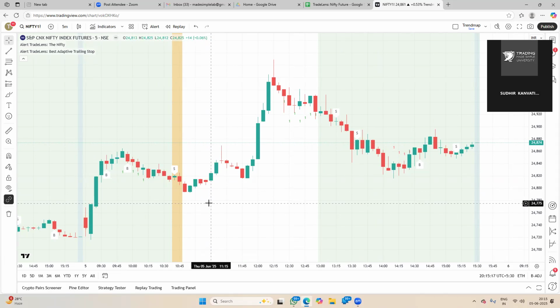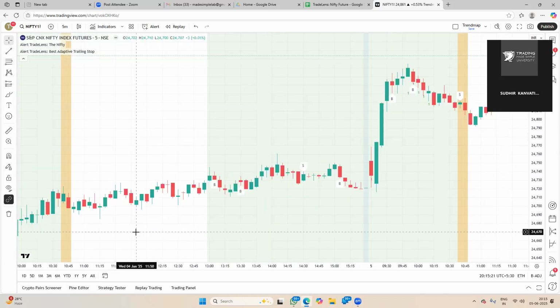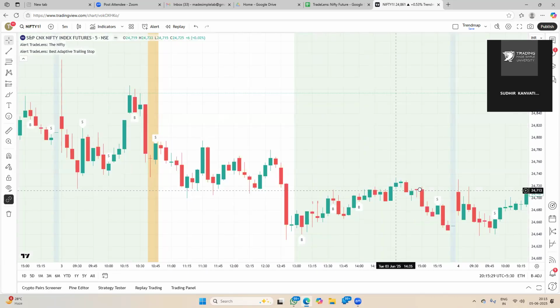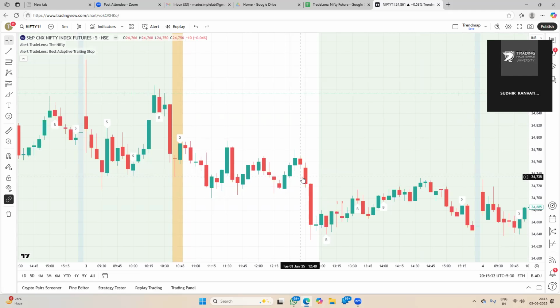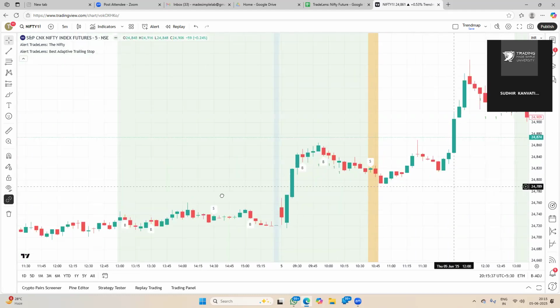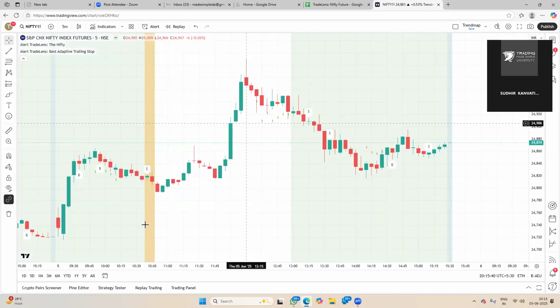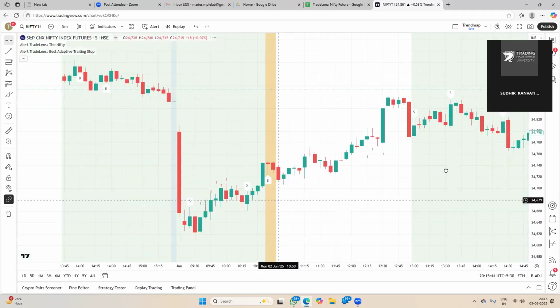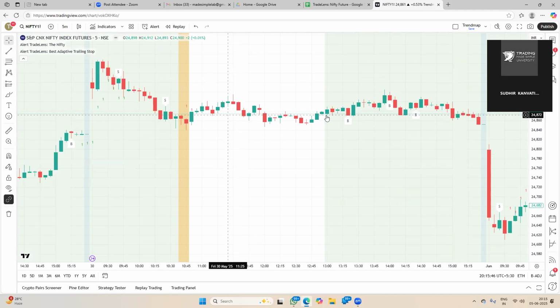A fresh signal never comes in the white zone. So you can see that in this white zone, no signal appears, right? We have found from our data that this is the zone where the market remains mostly sideways. There are certain days we can get a rally, but more often than not, this is the sideways time.